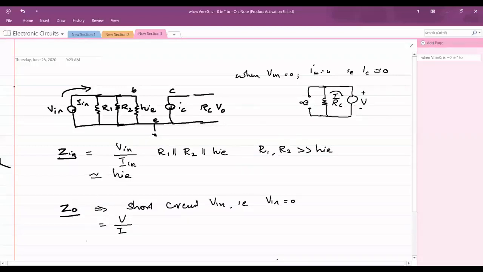So the output impedance is V by I. This is equal to RC, because there is RC in parallel with the infinite impedance. So the output impedance is found to be RC, input impedance is found to be HIE.